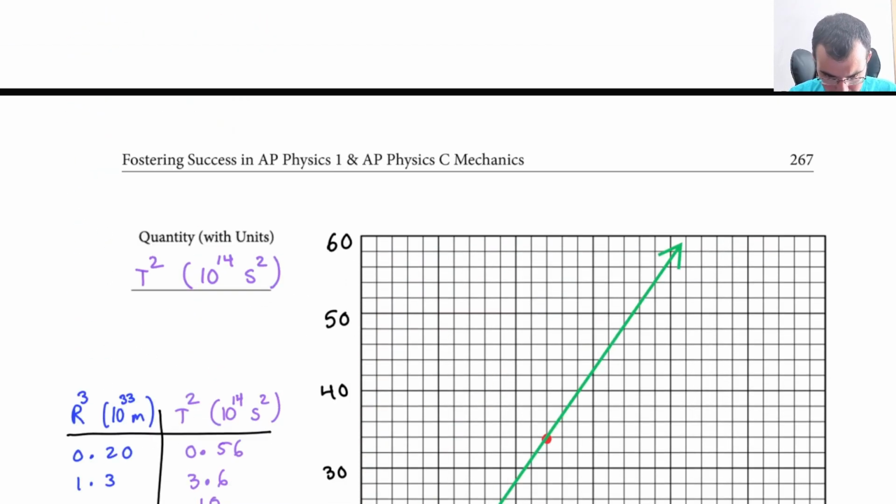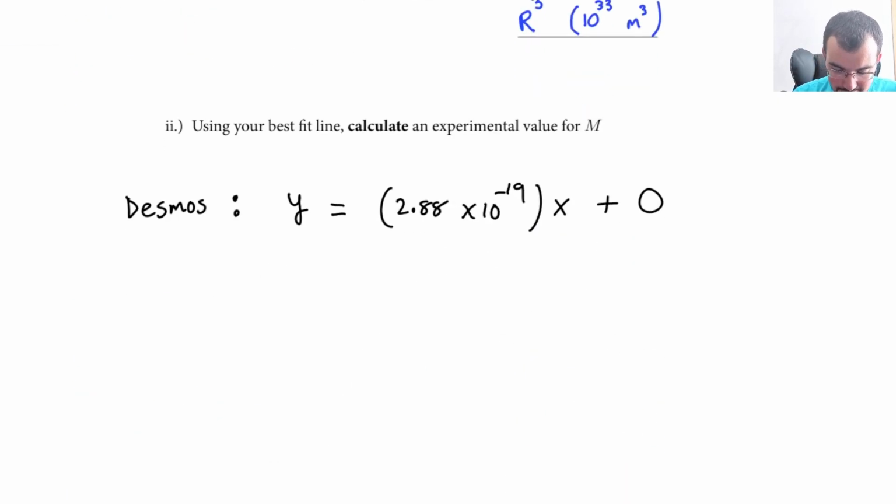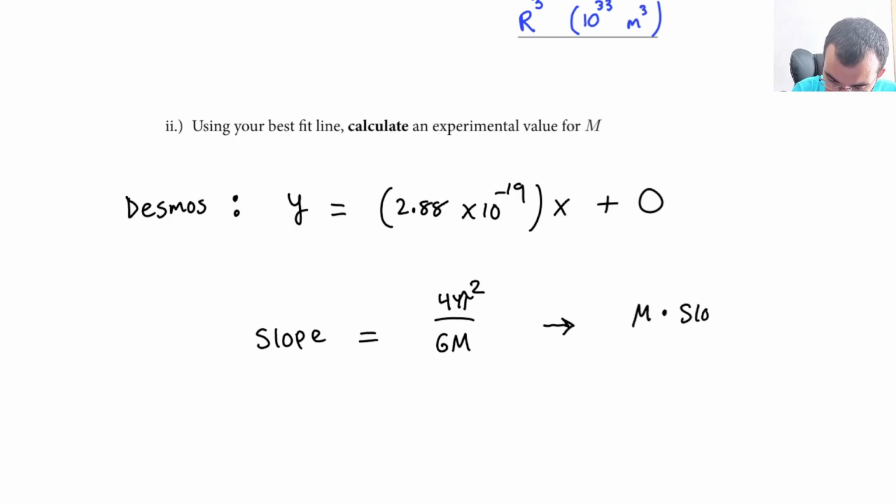So according to our model, our best fit slope is equal to 4 pi squared over big G times m, which means that m times the slope is equal to 4 pi squared over G.